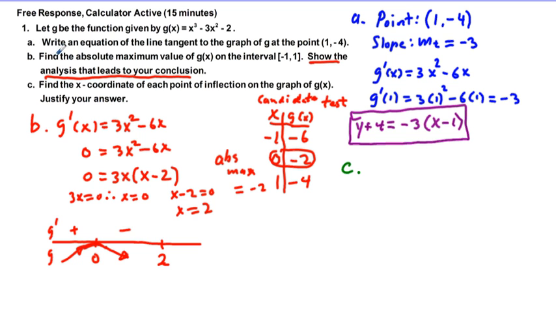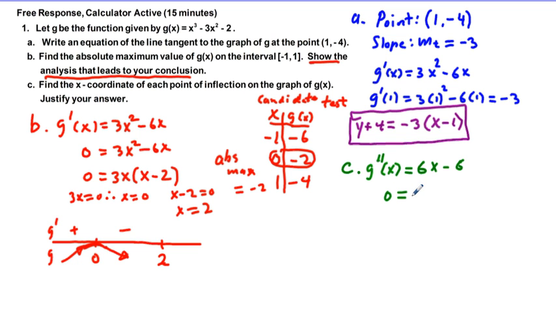So for part C, we're going to have g double prime of x equal to, let's see, the first derivative of g prime of x equals the second derivative of g of x. So we're going to have 6x minus 6. And to find our possible point of inflection, we set the second derivative equal to 0.